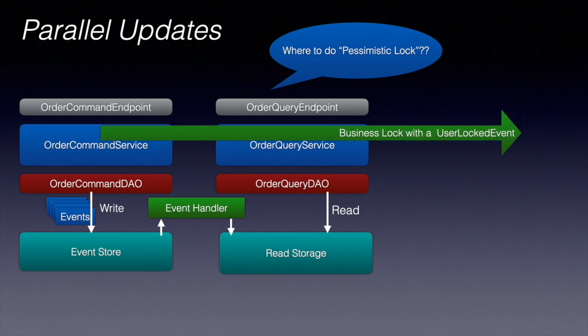We can issue a user locked event to the event store, which gets replicated very fast to the read store. In that way we can lock the specific transaction and stop it from going further. So this is actually not a pessimistic lock, basically it's a business lock. Like this we can solve the issue.